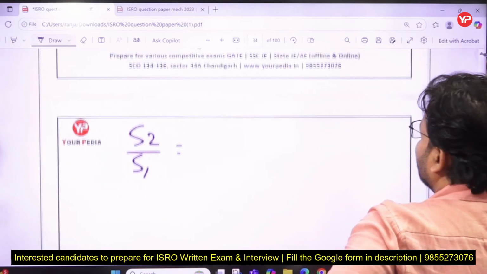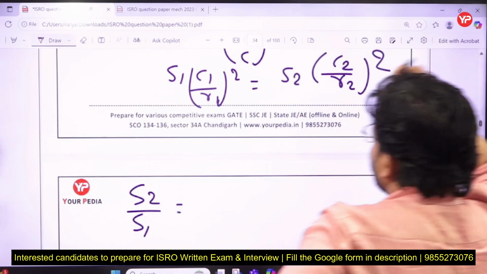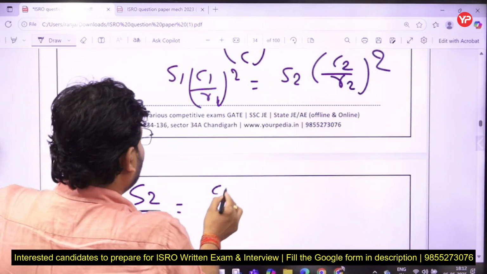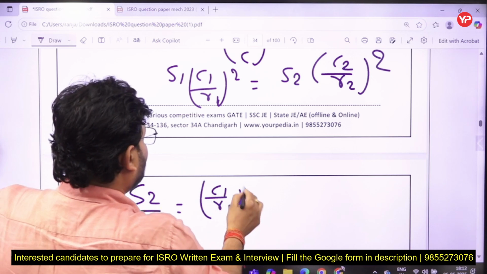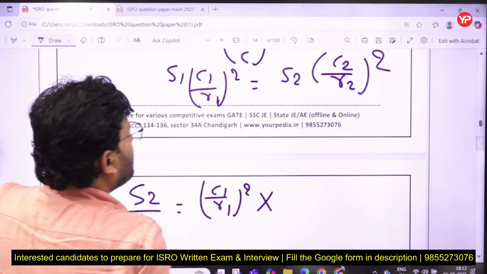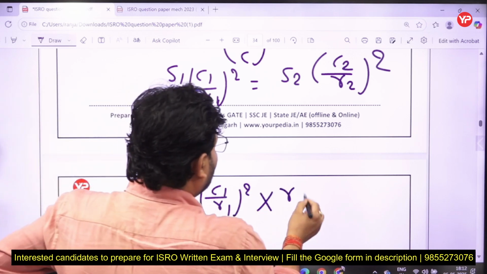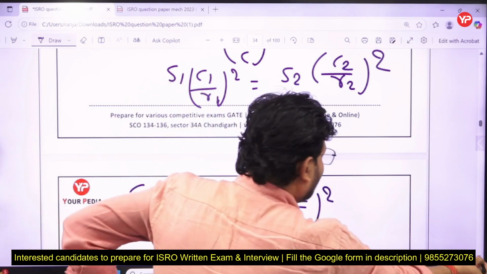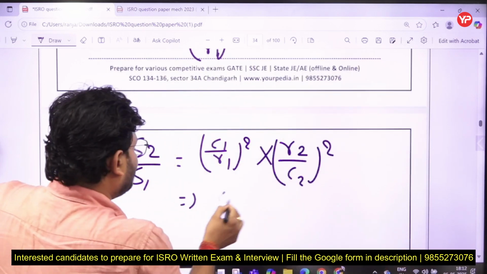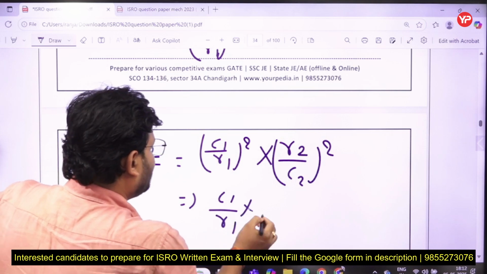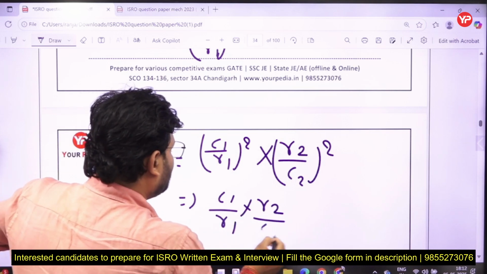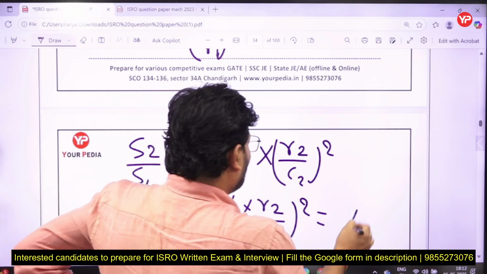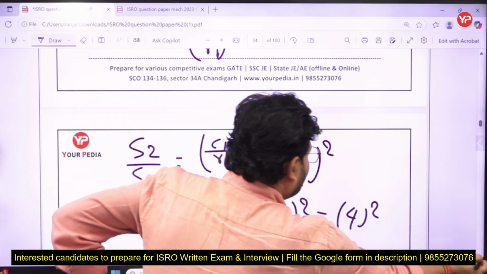So S2 upon S1 will be C1 upon R1 whole square into R2 upon C2 whole square. Just put the values: C1 upon R1 times R2 upon C2, squared. It comes out to be 4 squared, which is 16.